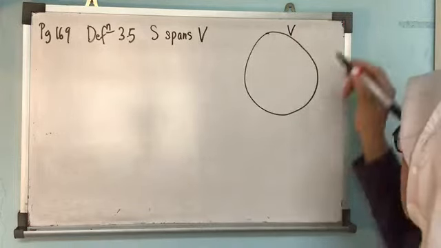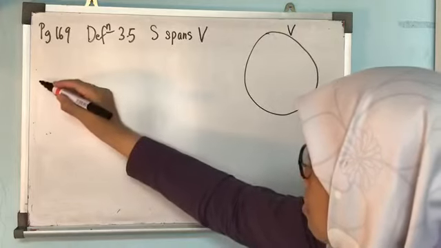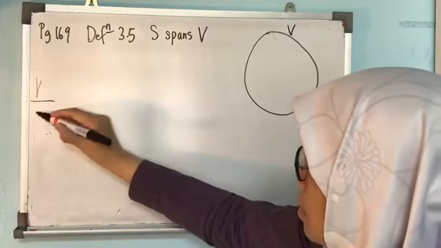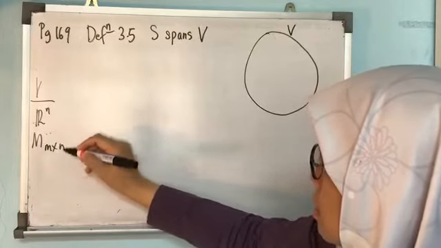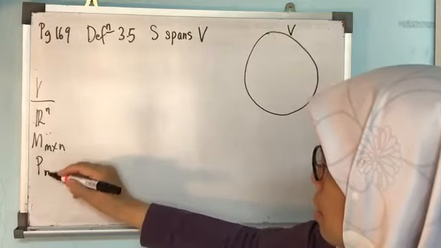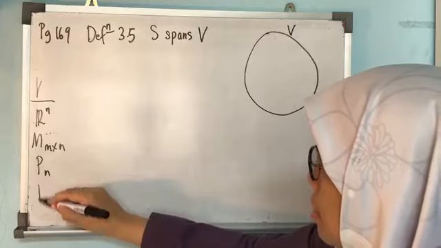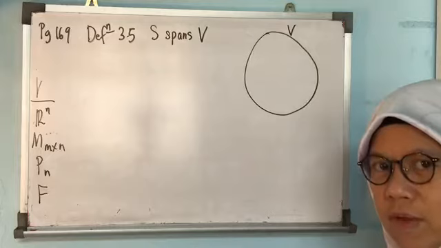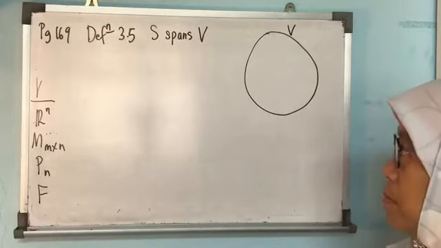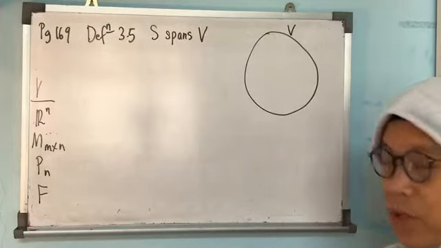What are the 4 types of vector space? It's either Rn, matrices, polynomial, and function. Okay, we don't have any other vector space, just these 4 for this class.